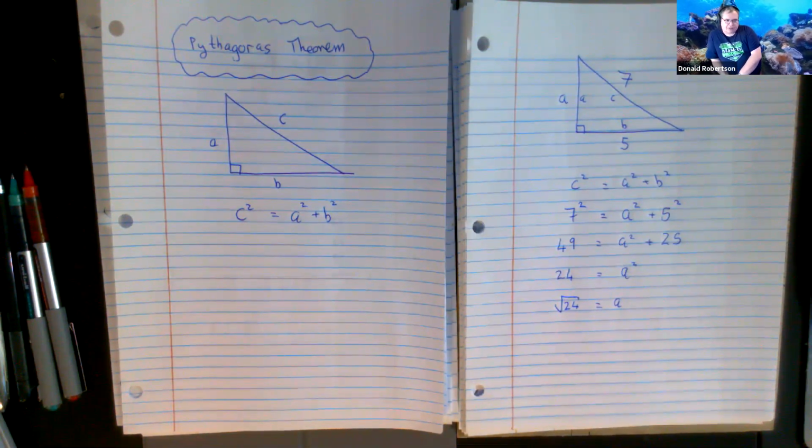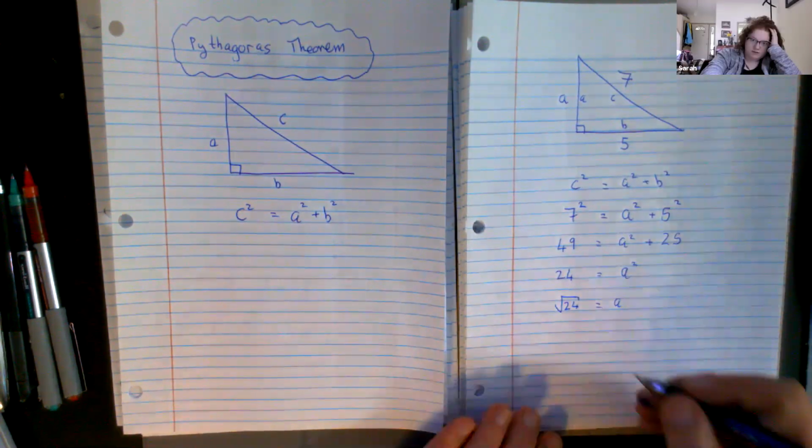But there's a little kicker in the tail here. What do you think we could do to make the square root of 24 nicer looking, at least for the mathematicians? Simplify it. Okay.